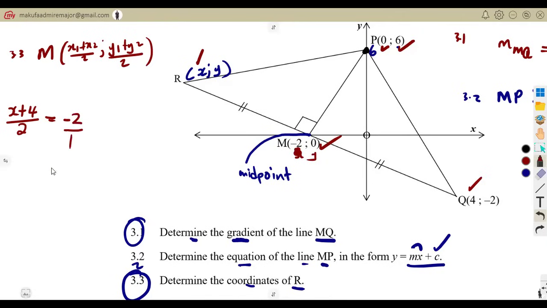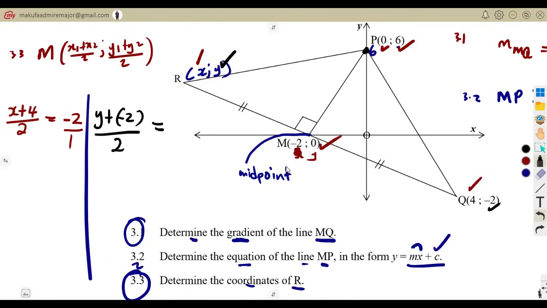Solve for x. In the same way, for the y values, you take the y value at point R plus the y value at point Q, which is -2, over 2, must give us the y value at M, our midpoint, which is 0. It's an equation.